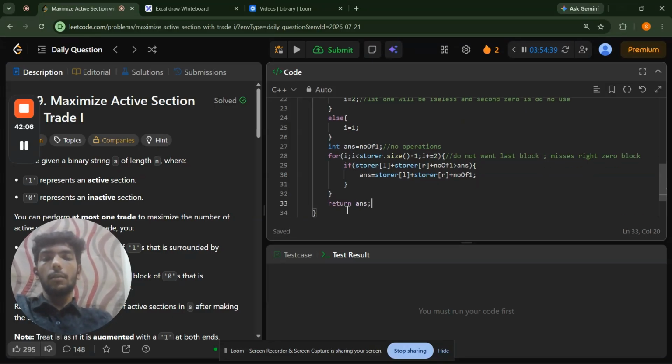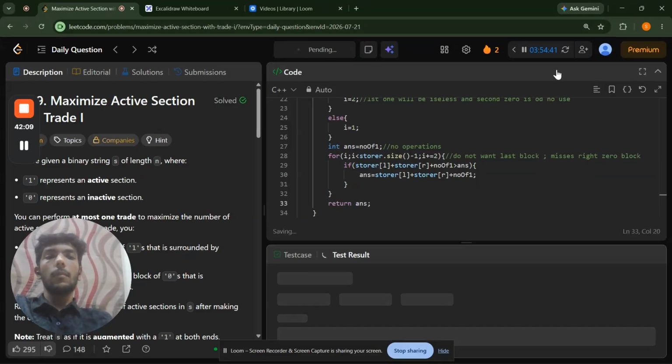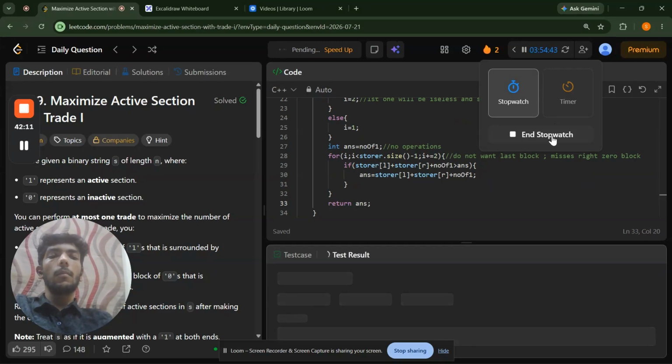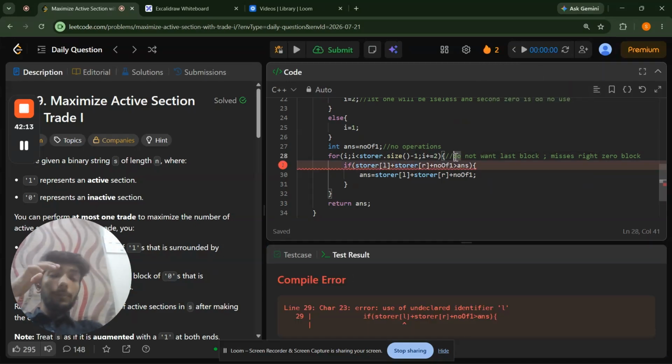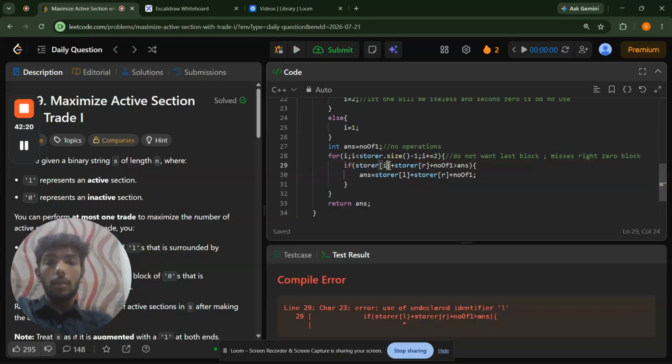We return the answer. Okay, it should not be L but rather i minus 1, i plus 1, i minus 1, i plus 1.